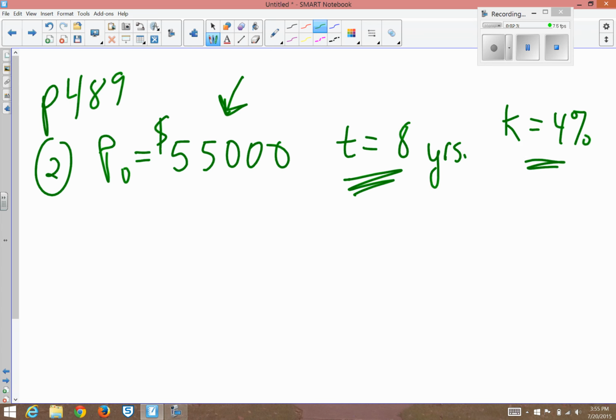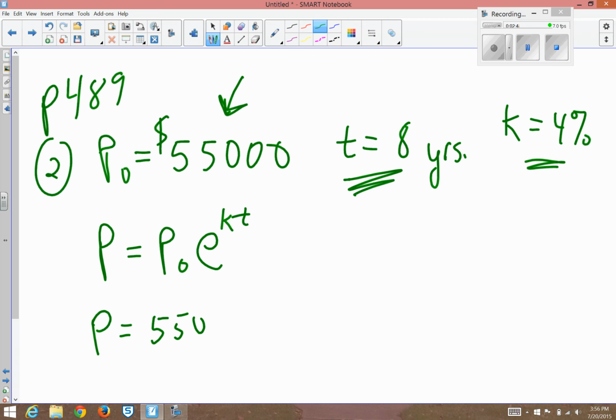To find the future value, we just pick the formula. The future value equals P sub 0 e to the kt. In place of P sub 0, we put 55,000. Where the e is, we put e. The exponent is going to be k times t. k is 0.04, and t is 8 years.